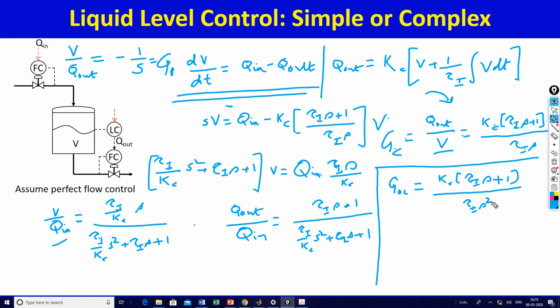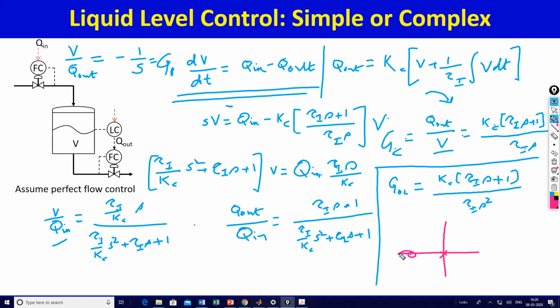So one can draw the root locus, and the root locus would turn out to be, let me draw it. There's two poles here, and there's one zero here.